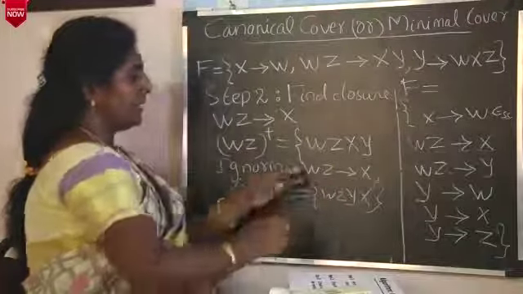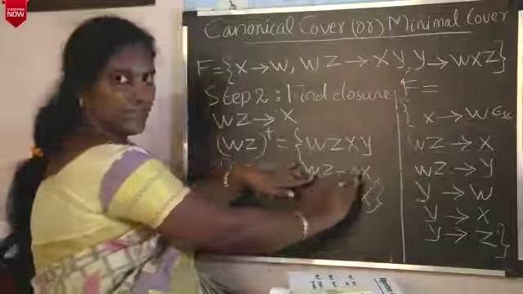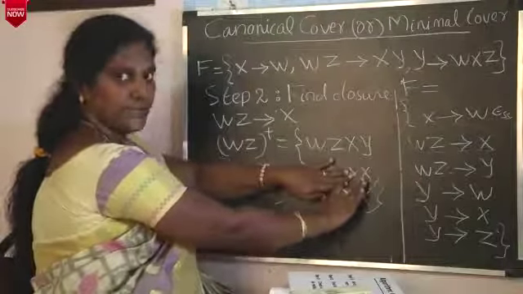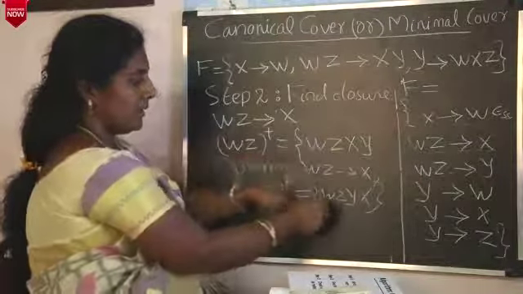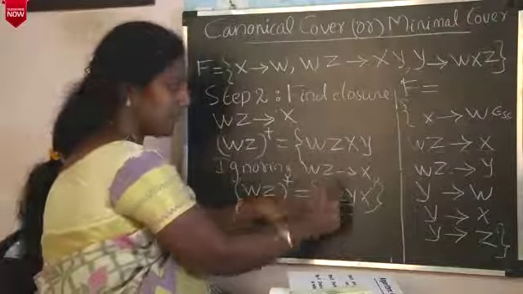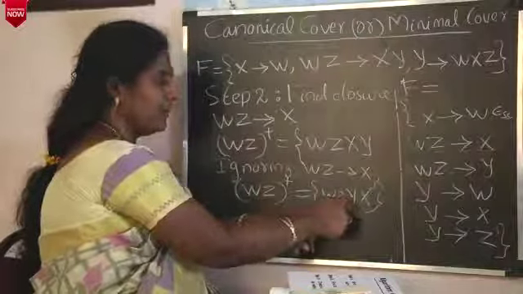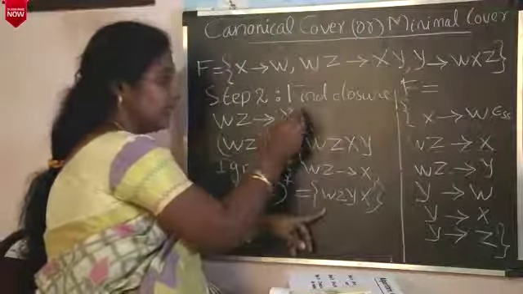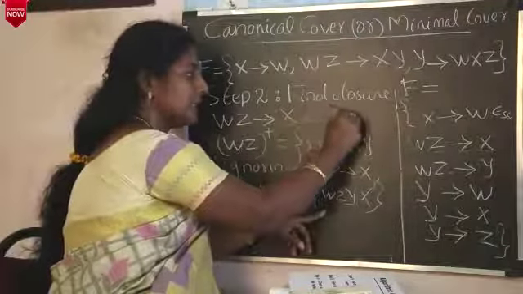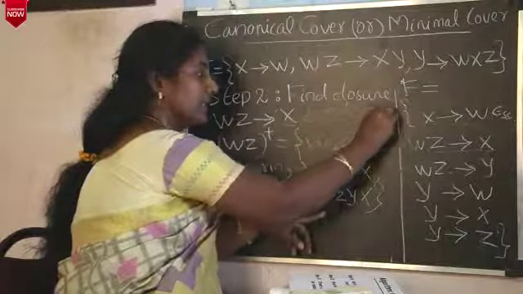So now, after removing this WZ determines X functional dependency, we are able to get the same closure of WZ, the same closure set. So this is an extraneous attribute.